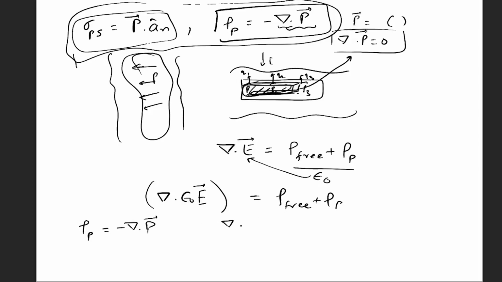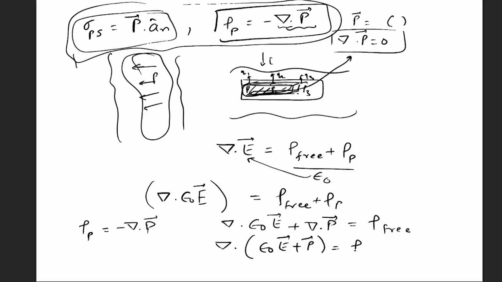What I will get is del dot epsilon naught E plus del dot P is equal to rho free. Or if I take this divergence operator outside, I will get del dot of epsilon naught E plus P is equal to rho free.